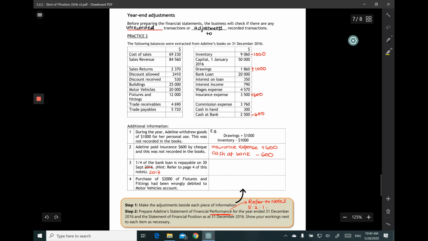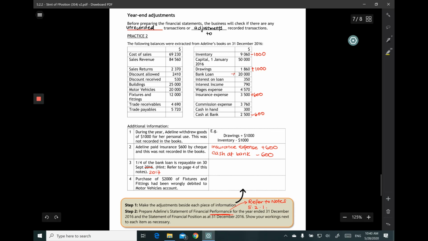Okay. Now, for part 3, what they're saying here is 1/4 of the bank loan is repayable on 30th September 2017. There's a typo in your set of notes there. So what they're trying to say is 1/4 of the bank loan, and the bank loan is this 20,000 here.